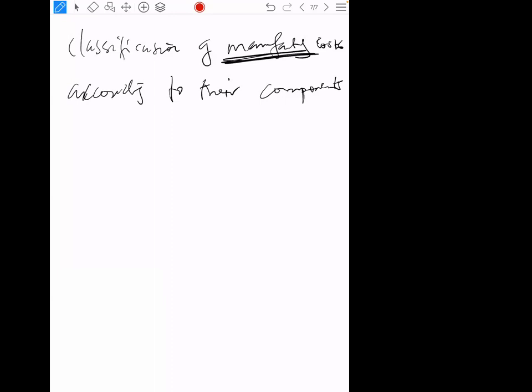Now, if you are going to be classifying further, dichotomizing your manufacturing cost into their components, you will have direct material, direct labor, variable manufacturing overheads, and fixed manufacturing overheads.